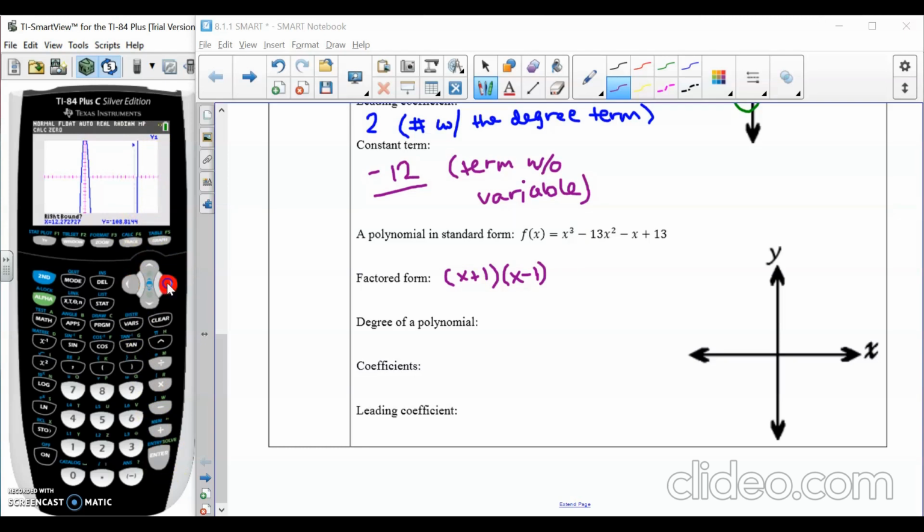We'll go here, and then we'll go farther to the right. You can also count the tick marks. If you're in a standard Zoom, you can count the tick marks, and you'll find that this intercept is at 13. So our final factor is going to be x minus 13 because we have an x-intercept at positive 13.